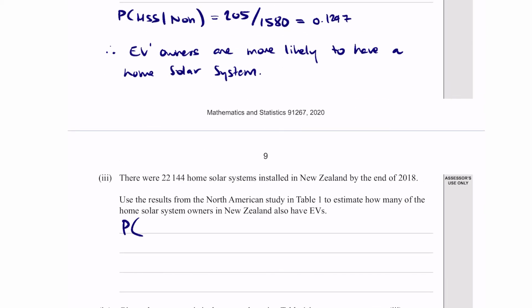This is the probability that you can reword this to say, look, if you are a home solar system owner, what's the probability that you have an EV? So if you're a home solar system owner, what's the probability that you have an EV, right? Well, really, what we're saying here is this is the probability of having an EV and HSS as well.